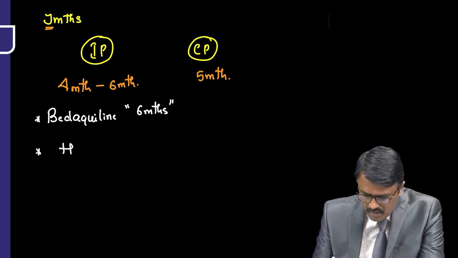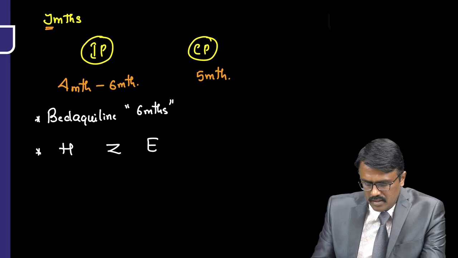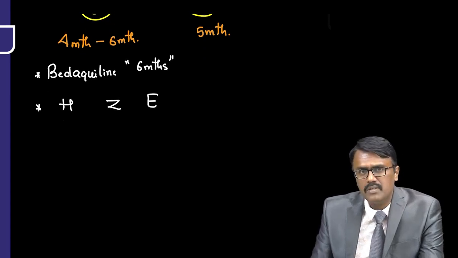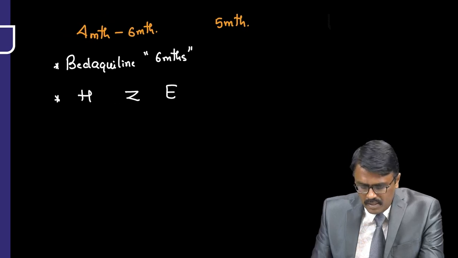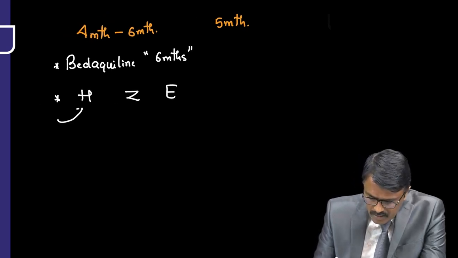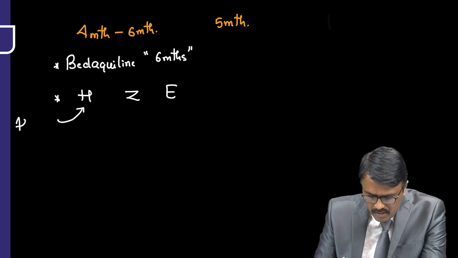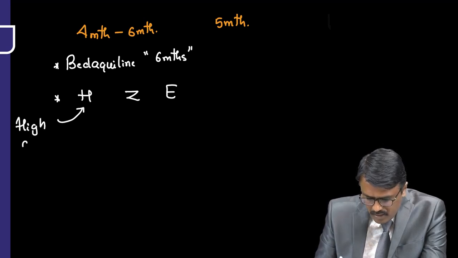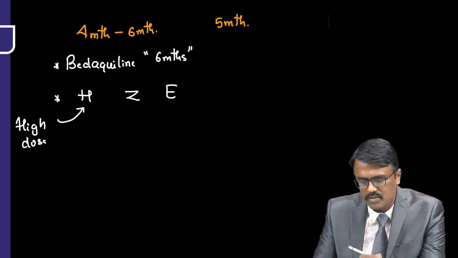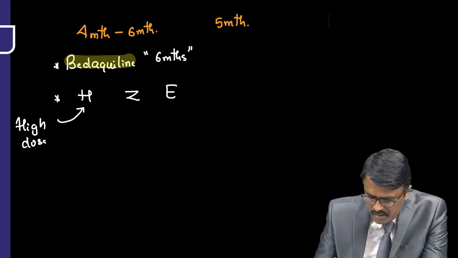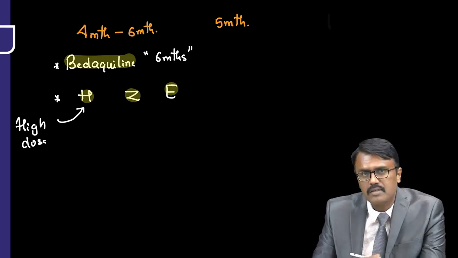We use the remaining drugs, H, Z, E. You told MDR TB means H resistance also. What we do is use isoniazid at high dose. The high dose can overcome the resistance, so we can use it. So we have given bedaquiline, H, Z, E, 4 drugs.